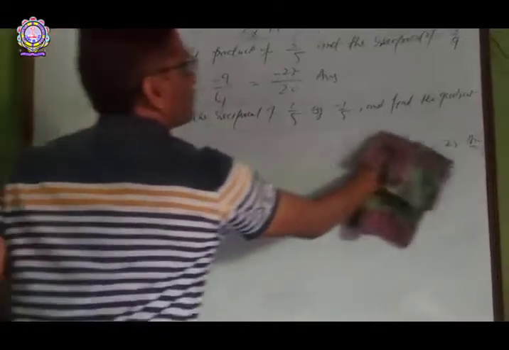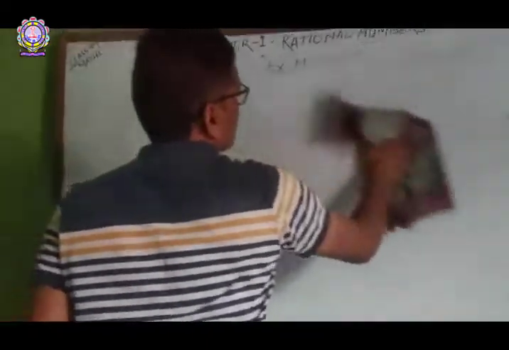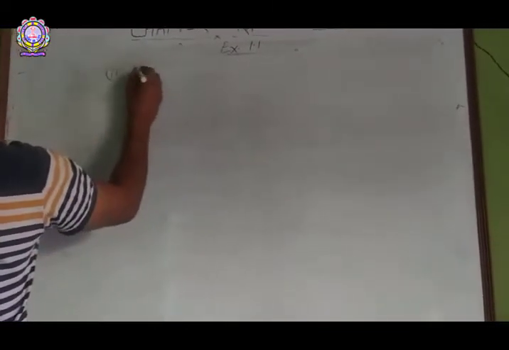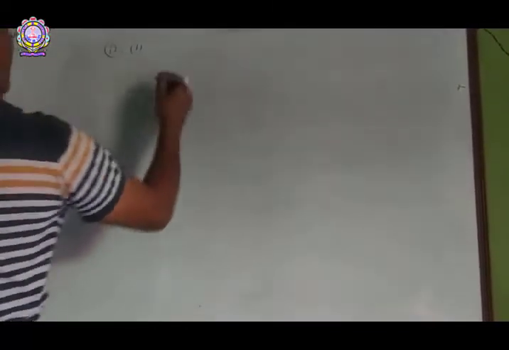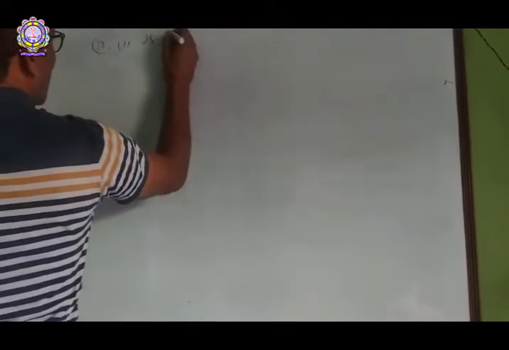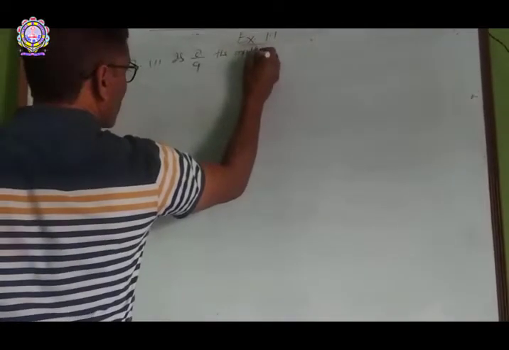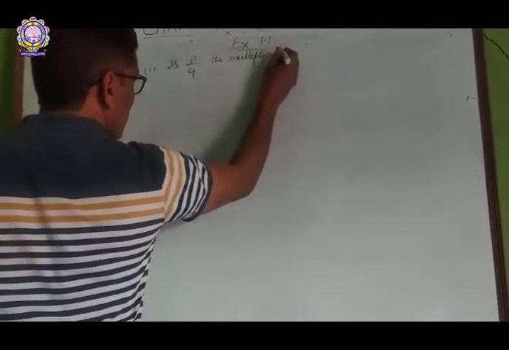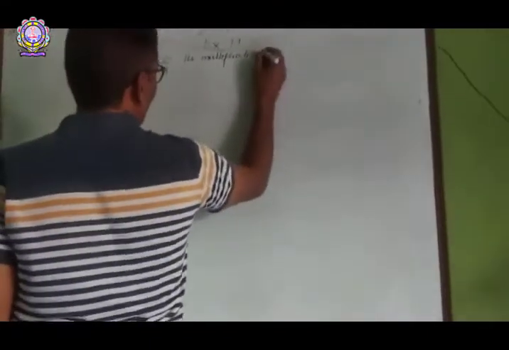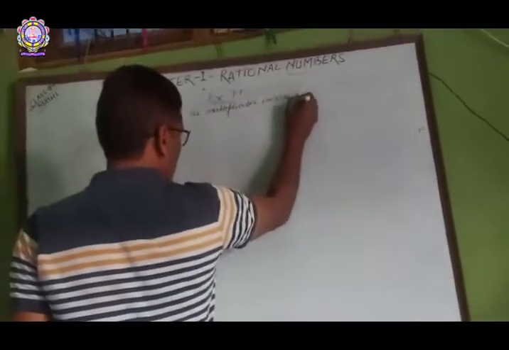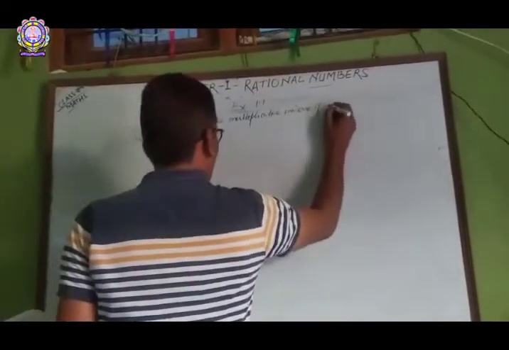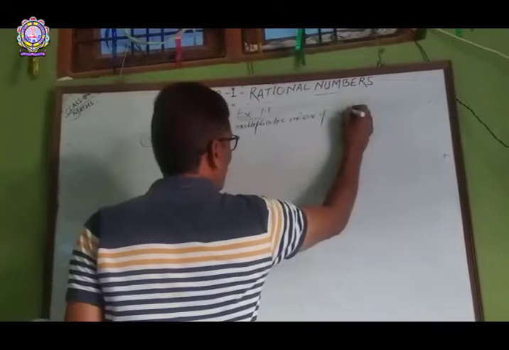Now come to question number 12. Question 12 part first is: is 8 upon 9 the multiplicative inverse of minus 1 whole 1 upon 8?